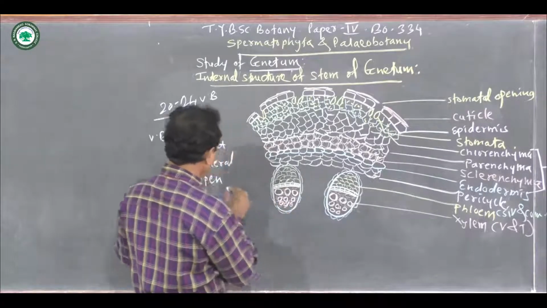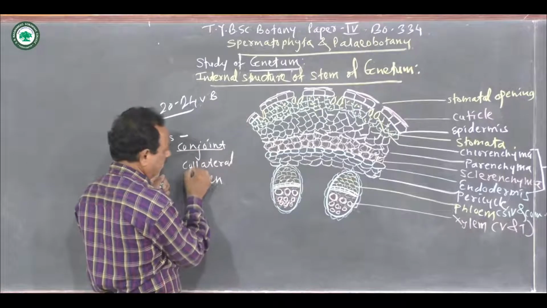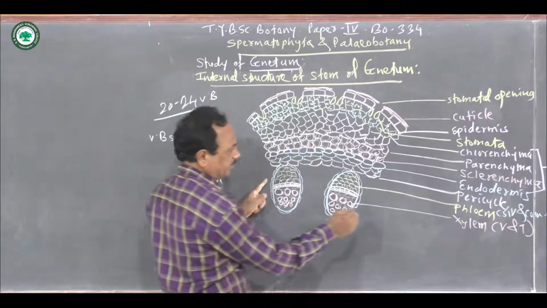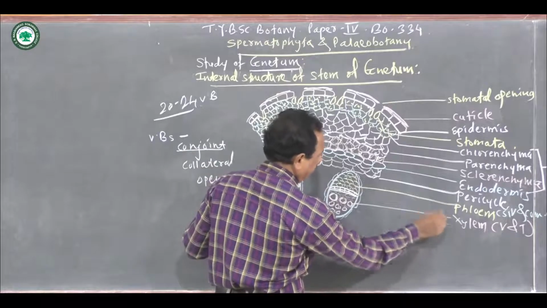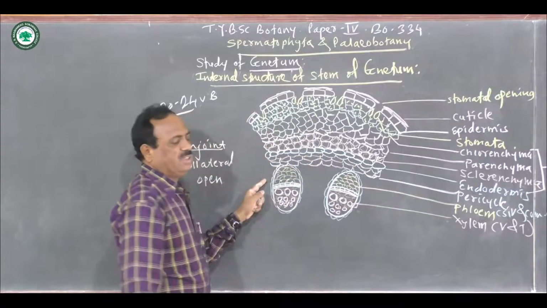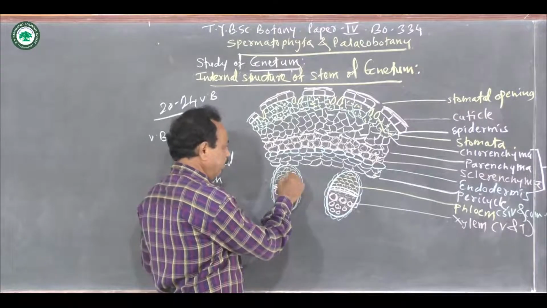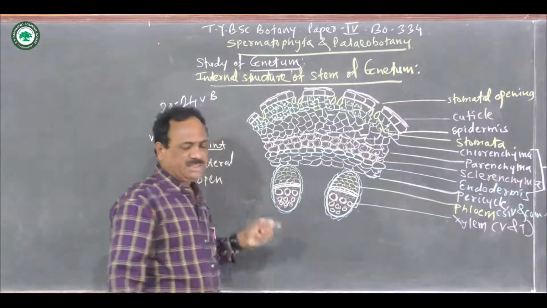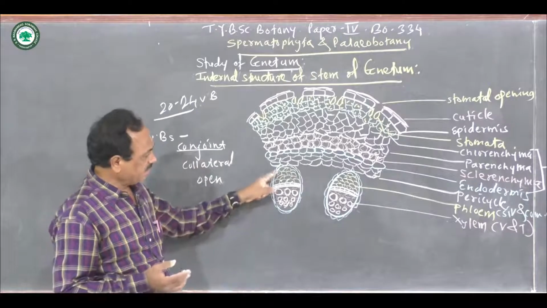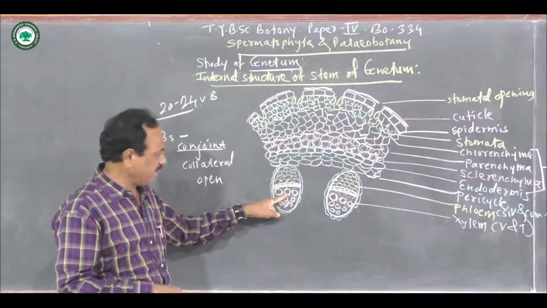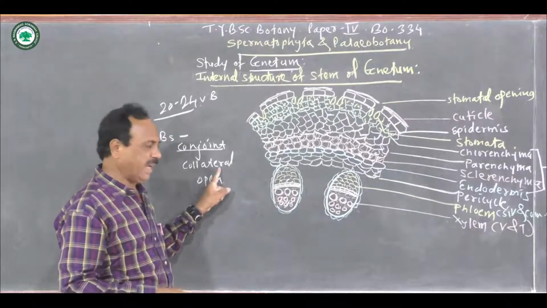And as I told you, the vascular bundles are conjoint. So the vascular bundles consist of both the xylem and phloem. So it is the conjoint type. Then the phloem and xylem are present side by side on the same radius. So here phloem is facing towards the outer side, xylem is facing toward the inner side, and so it is collateral type.